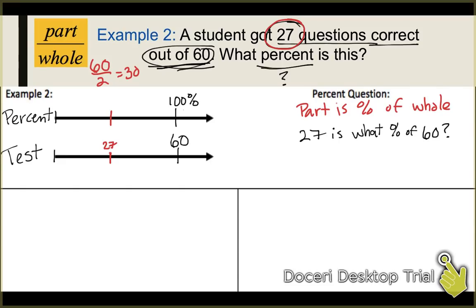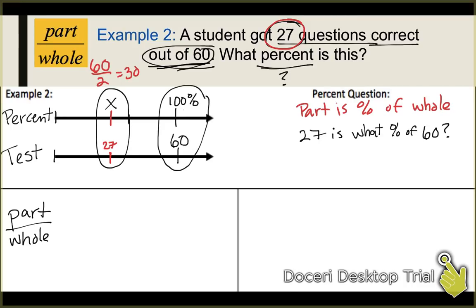Okay, so right now we're going to use our proportion. I'm going to use my guide fraction of part over whole. And you do need to write all of this down. So, in this case, we're trying to find our percent. That's my x value. So this here is my part, and this is my whole.